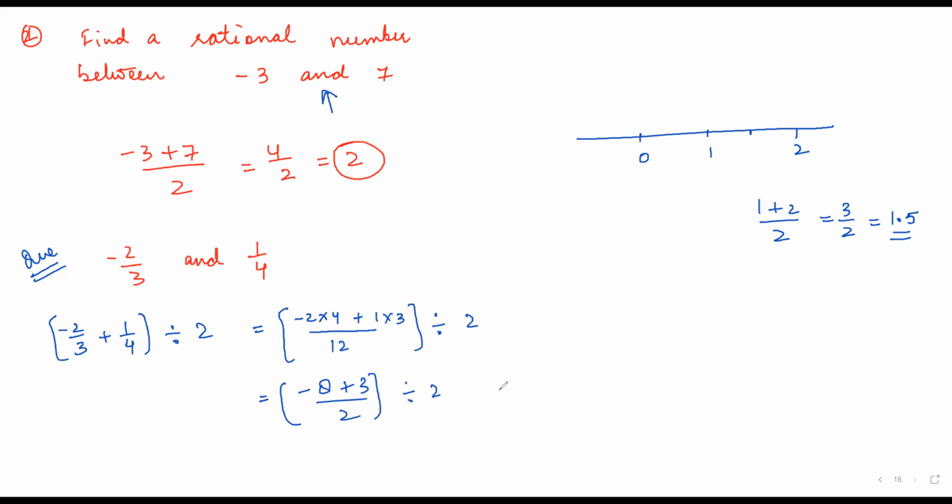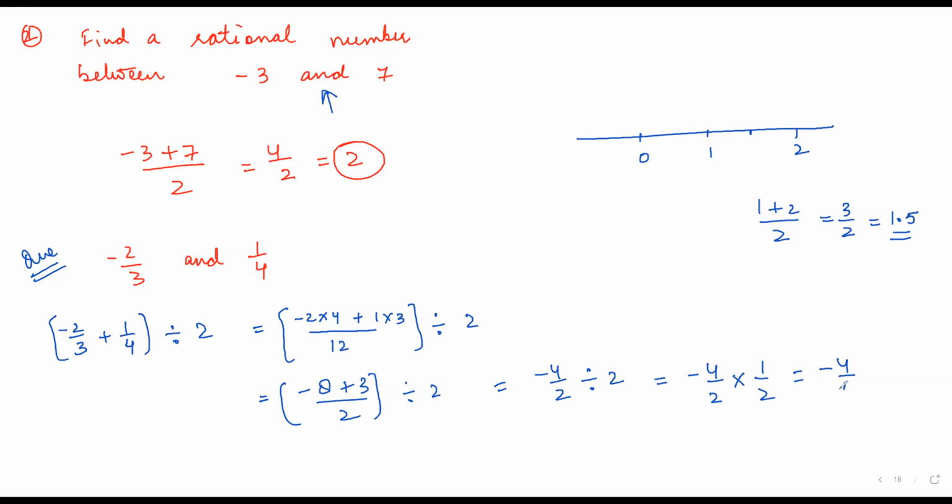So this becomes minus of 4 divided by 2. Now this 2 will become 1 by 2. This is how you do it. If you change the division sign into multiplication, it will become 1 by 2. So that will be minus 4 by 4.